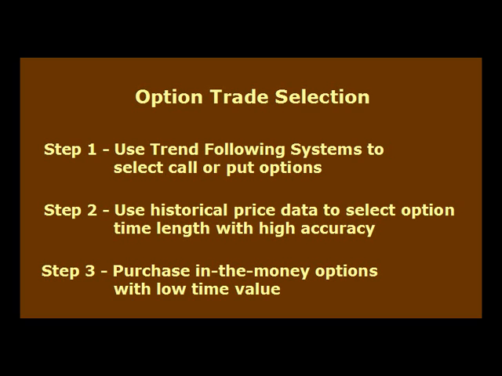And once we determine the price trend, the next step is to use historical price data to select an option time length. And this allows us to select a time length with high accuracy. And the third and last step in our process is we want to purchase in-the-money options with low time value.